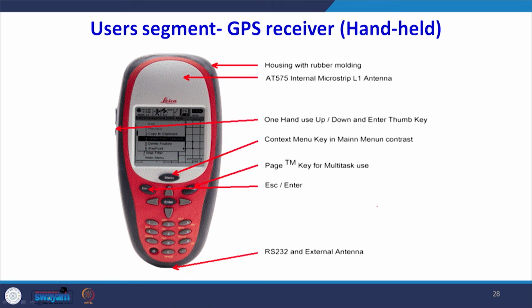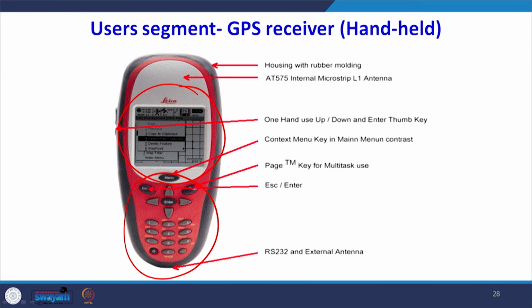So, this is a blow up of the handheld receiver. There are different components which have been explained here. One can see that at the bottom we have some functional buttons, and at the top we have the display. We can use those function buttons to see how many satellites are there at this particular point, what the signal strength is, what the coordinates are, and what the height of that point is.